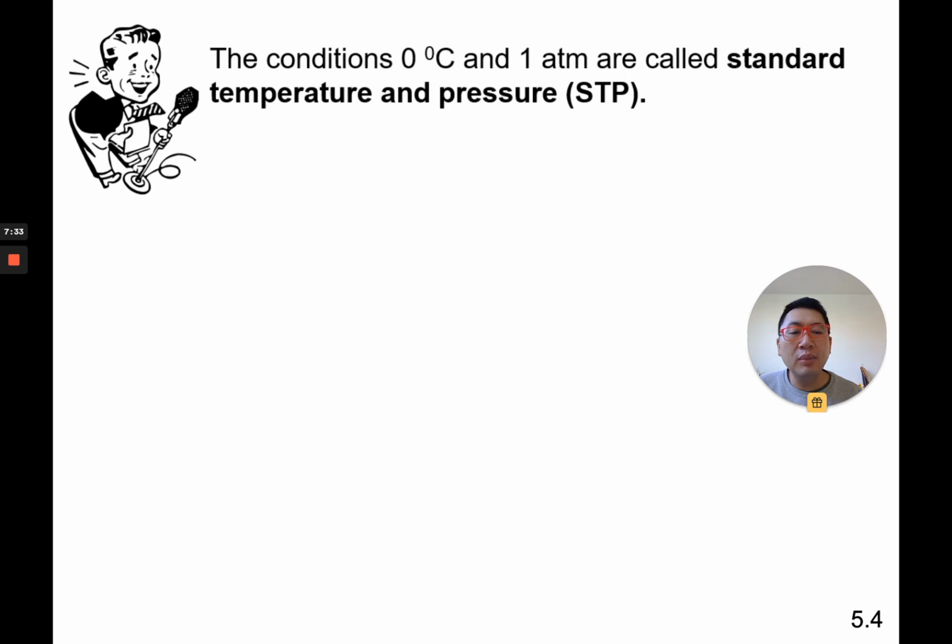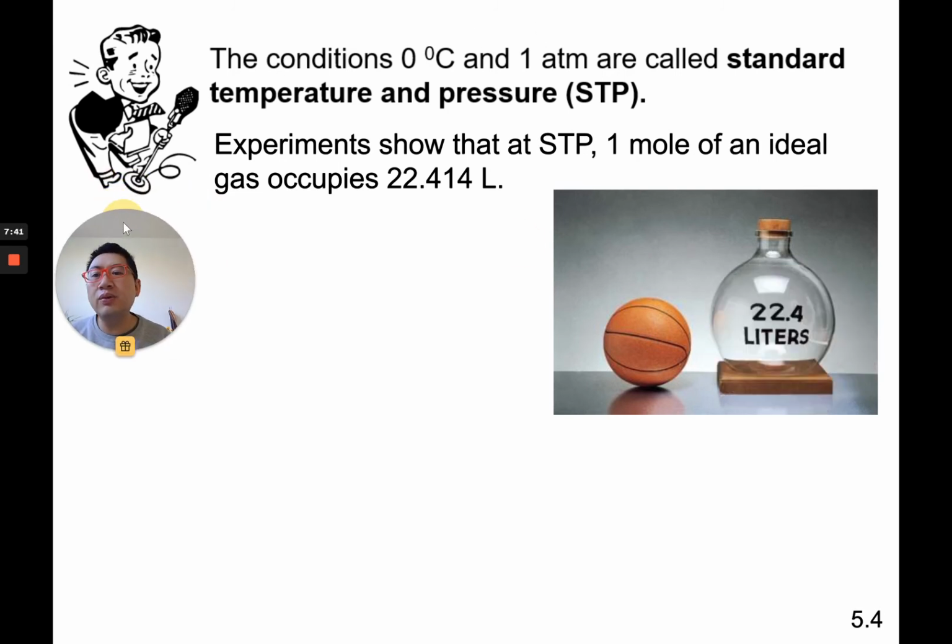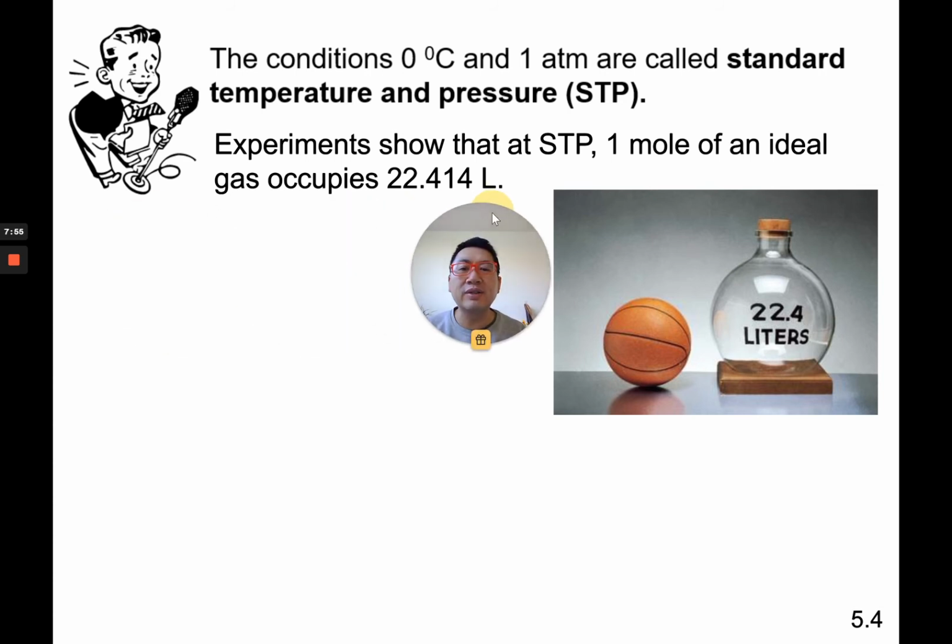If you had 1 mole of any gas, you pick the gas, experiments have shown that at STP, 1 mole of an ideal gas occupies a volume of 22.4, here's 5 sig figs, 22.414 liters.